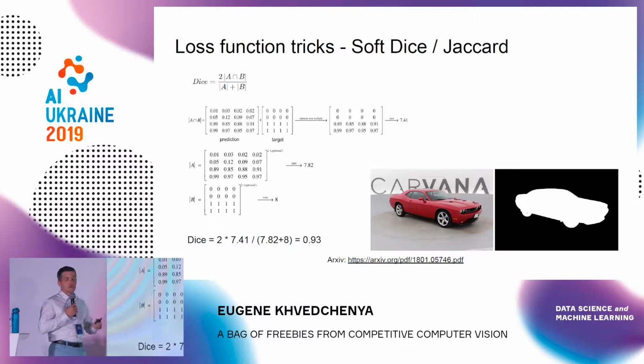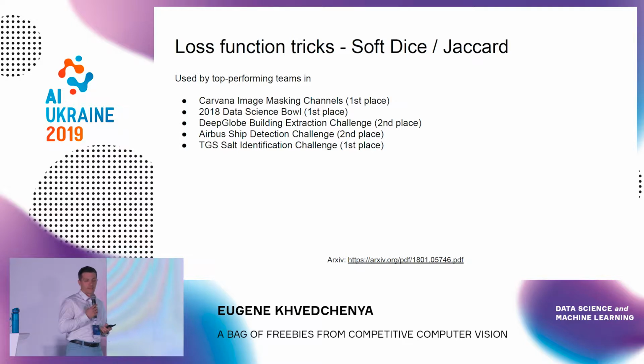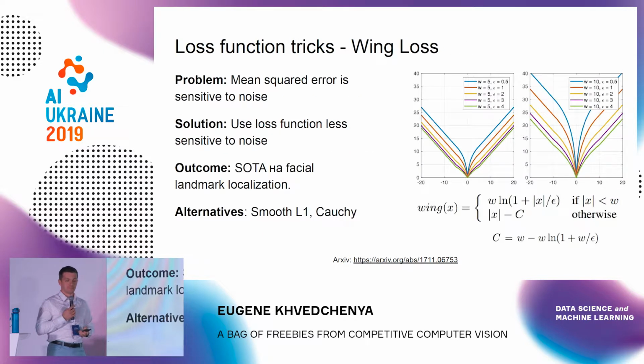So it stimulates the model to give more confident predictions on the edge, so they look sharper, and it's easier for us later on to make them binary. This is a list of the competitions that had either a winning or a second place solution that used this trick. This is what we know has been reported, but I assume that maybe the list can be longer.